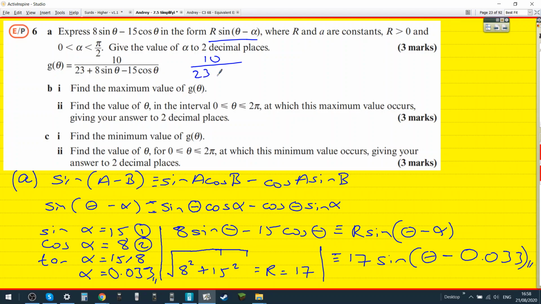10/23 plus all that craziness is the, I'll just do a big X. The bigger the denominator, the smaller the fraction. The smaller the denominator, the bigger the fraction. So it's kind of the reverse. So you put the minimum of this to get the maximum overall, and the maximum of y to get the minimum overall.